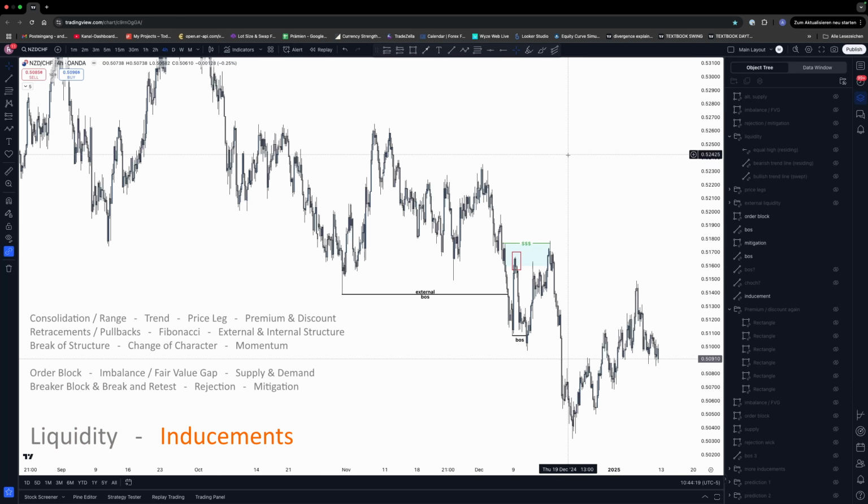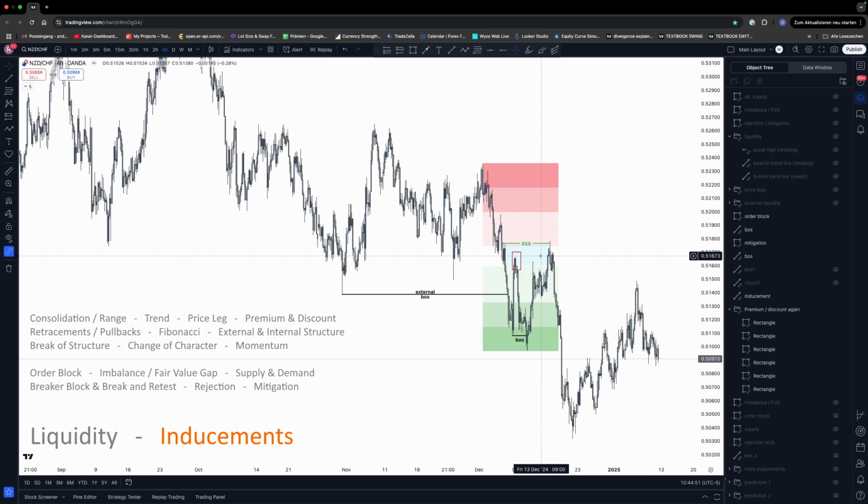Okay. Why inducement? Why do we call it like this? Because we are inducing early sellers that want to already speculate on price making a lower external low from here. Because as we know, this whole order block is basically completely in the neutral zone. It's not in premium, it's not in discount, it's in the middle. So this is a typical area where we would expect our external price leg to sweep an inducement.